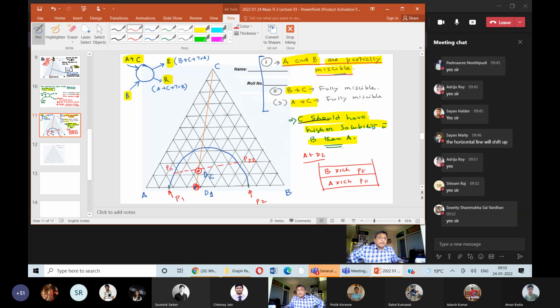However, the fraction of C in P22 should be higher than that in P11. Everybody agrees to this? The fraction of C should be higher in P22 as compared to P11.